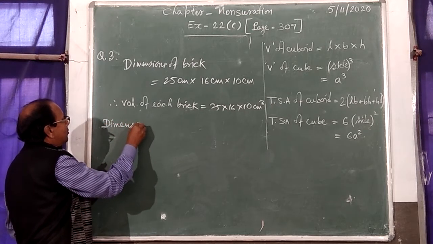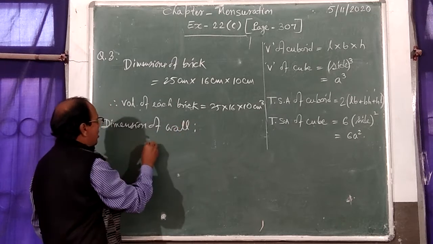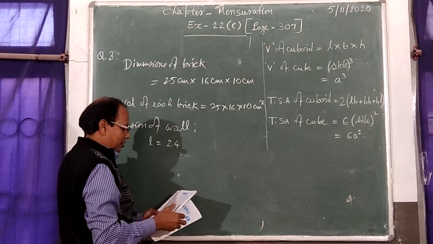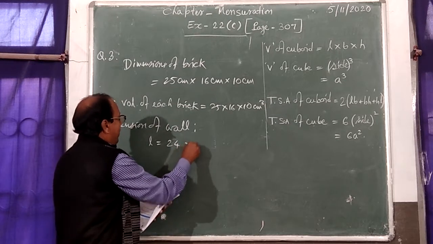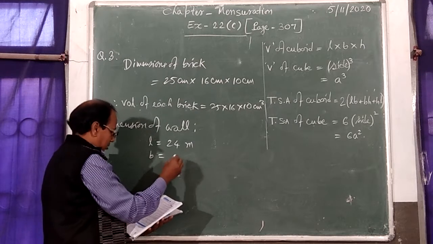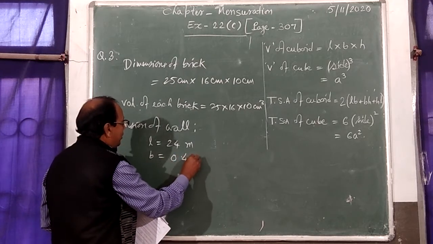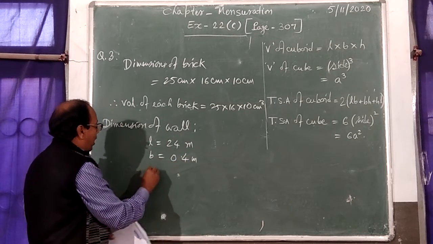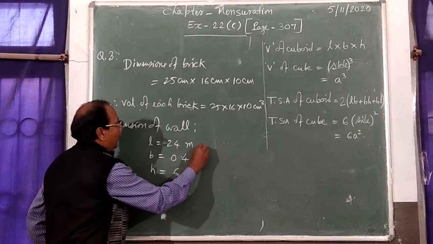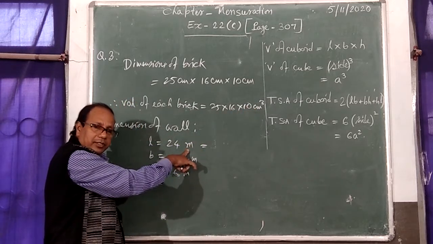Dimensions of wall. Here length is 24 meter. Breadth is here 0.4 meter and height is here 6 meter. Now since it is in centimeter, we have to convert this meter into centimeter.